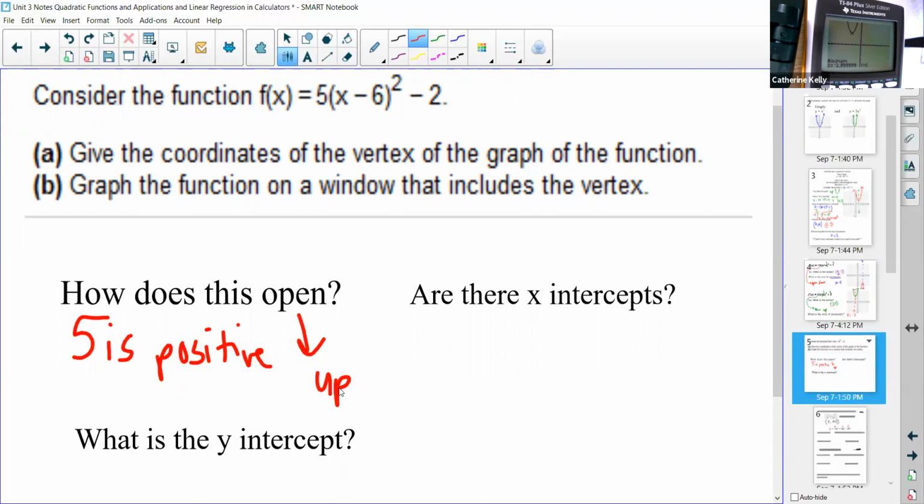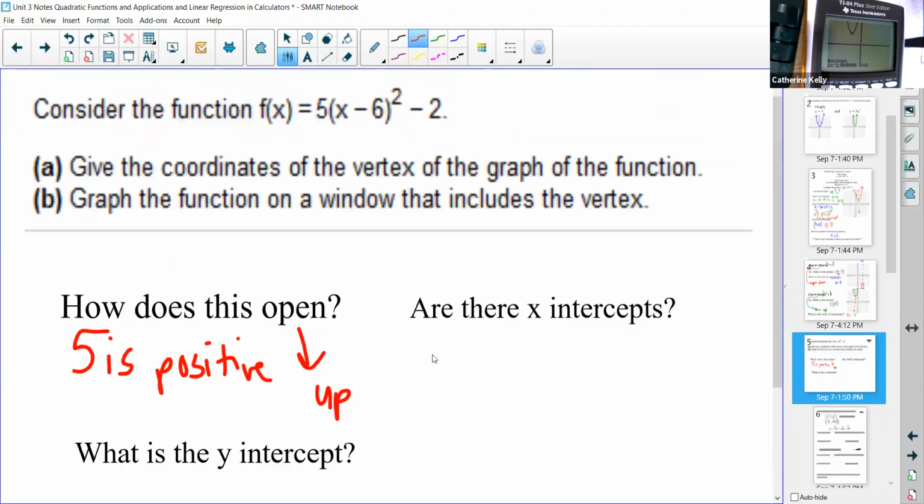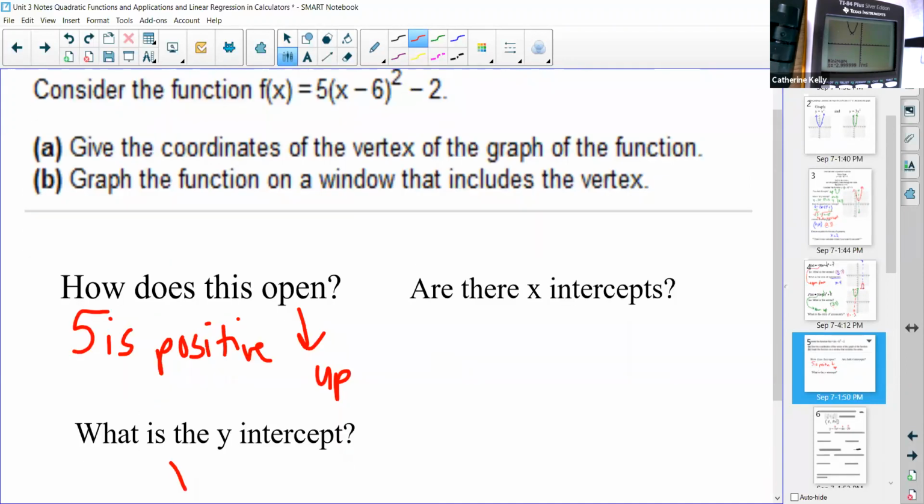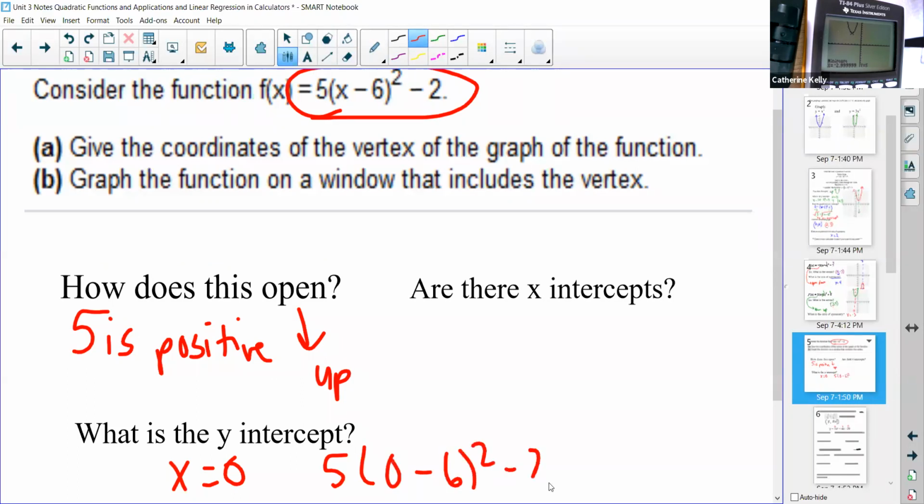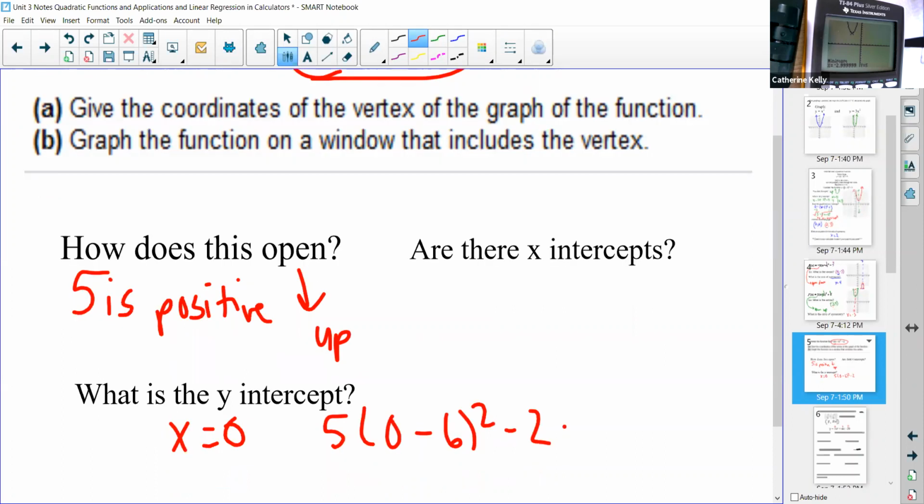And what is the y-intercept? The y-intercept is when x is 0. So x is 0, we're going to substitute it in and do the math. So we have 5 times 0 minus 6 squared minus 2, and that's going to give us our y.